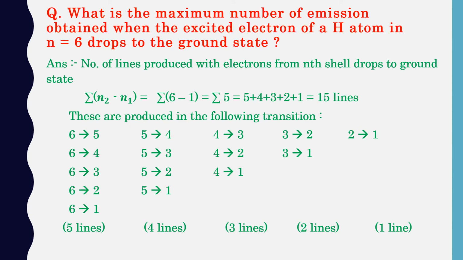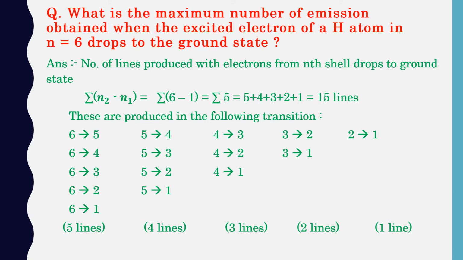From the third state, that is 3 to 2 and 3 to 1, 2 lines. And from the second energy level to the ground state, 1 line. After adding 5, 4, 3, 2, 1, we get a total of 15 emission lines, 15 transitions. I hope this is clear to all of you students.